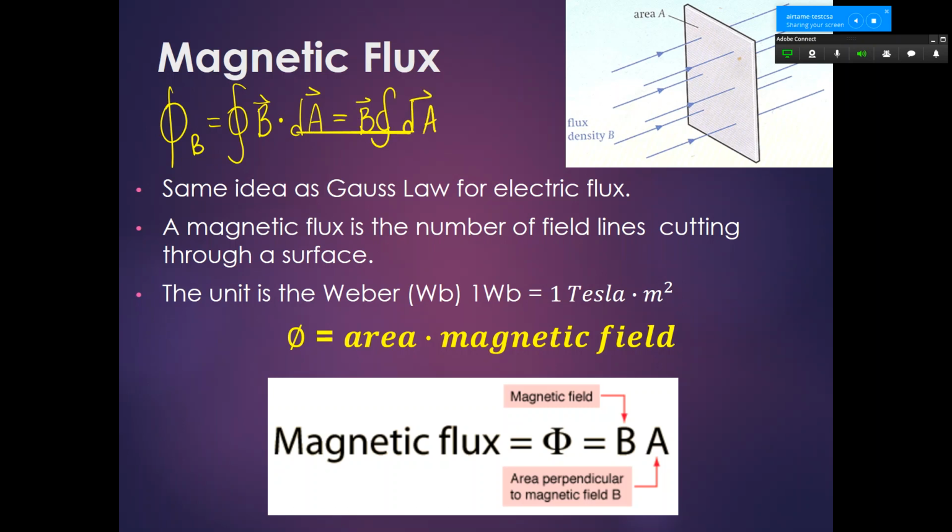Now I'm just left with a surface integral of an area. Well, that's easy. The integral of an area is you add up all the small areas to get the big area. So we're just back at B dot A. And this is a dot product, similar to when we did Gauss's law.